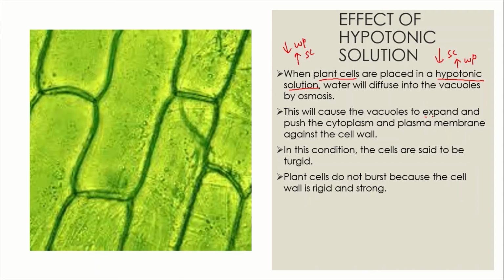And this will create turgor pressure. Turgor pressure causes the plant cell to become turgid. In this condition, the cells are said to be turgid. Plant cells do not burst because the cell wall is rigid and strong.